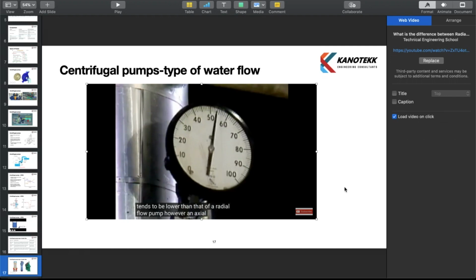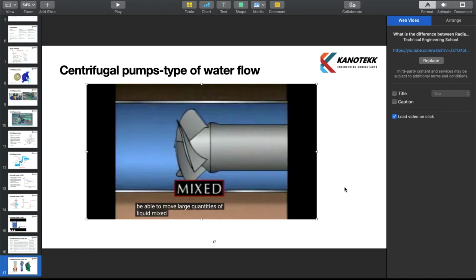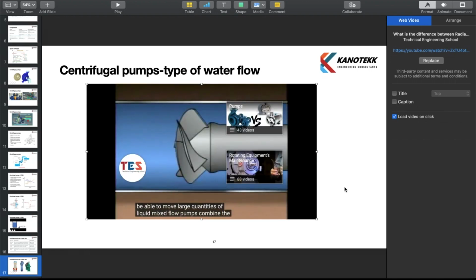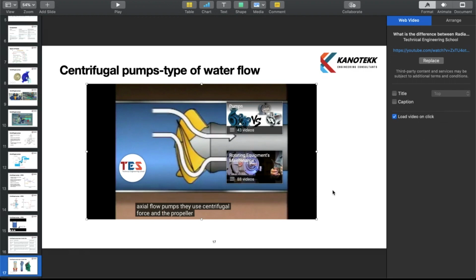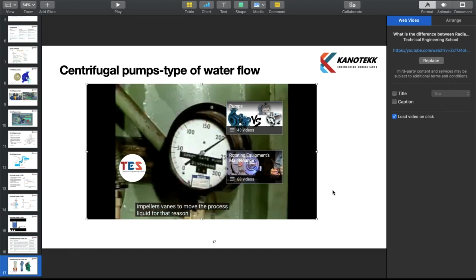However, an axial flow pump may be able to move large quantities of liquid. Mixed flow pumps combine the characteristics of radial flow pumps and axial flow pumps. They use centrifugal force and the propeller action of the impeller's vanes to move the processed liquid. For that reason, a mixed flow pump can develop a relatively high discharge pressure and still move a large quantity of liquid.